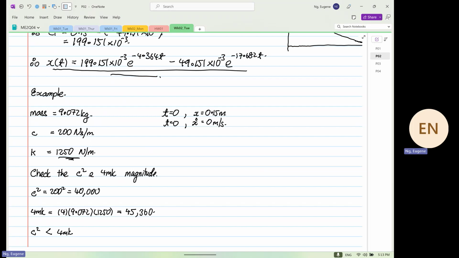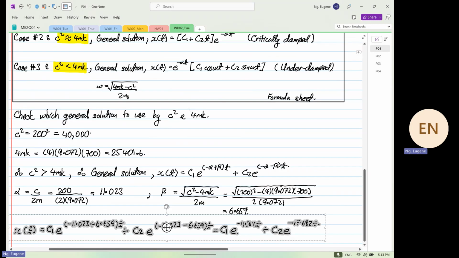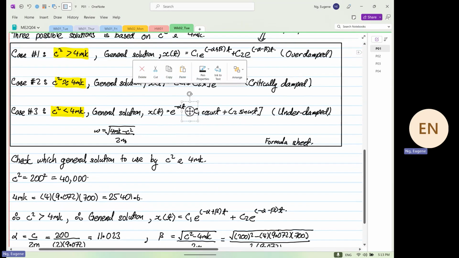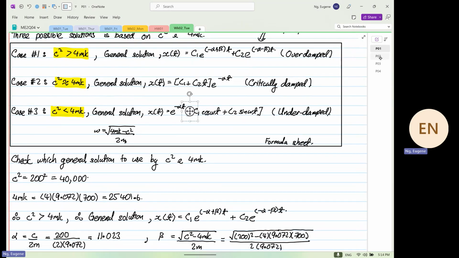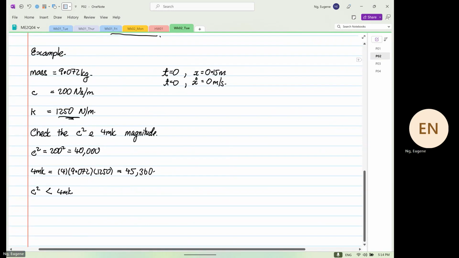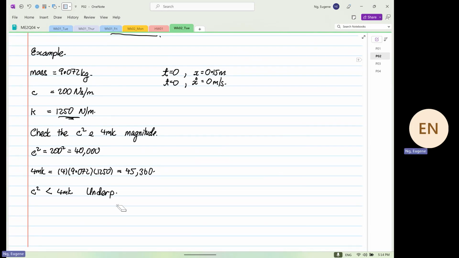So with this, we go back to your formula sheet. You look at this like, okay, C squared is less than 4MK. We have a condition of underdamping. So for the condition of underdamping, we have x as a function of time.